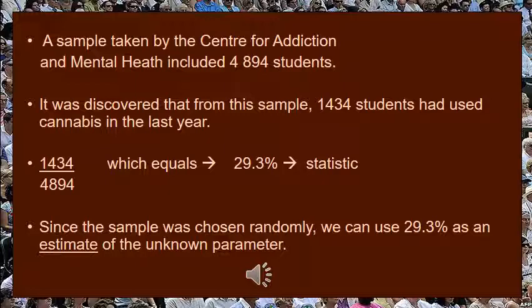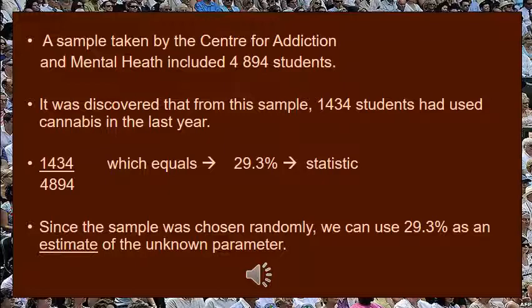I don't have a percentage, I have a count, but I can turn this count into a percentage by cross-multiplying. If I cross-multiply, I obtain 29% as a statistic. 29% of Ontario students in my sample have used cannabis in the last year.